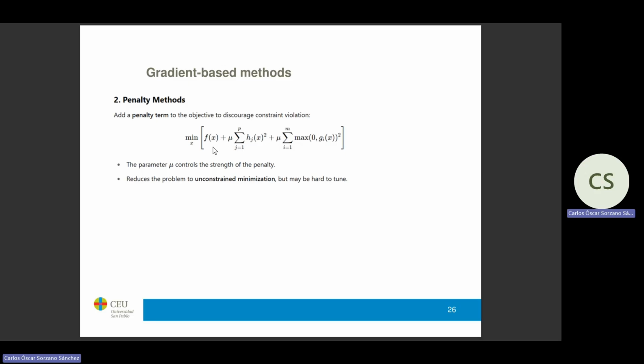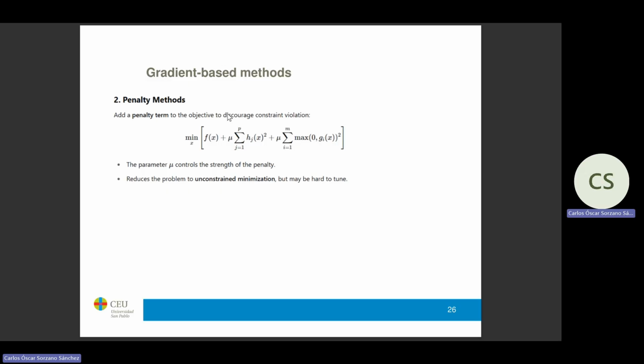And then you have this penalization parameter, mu, that controls the strength of the penalty. As you want to minimize something, this is always a positive number. This is always a positive number. So you will try for these two positive numbers to be zero, such that you are compliant with the constraints, but still you are minimizing your function. Okay, so these are called the penalty methods.